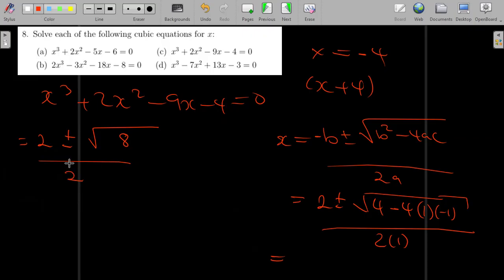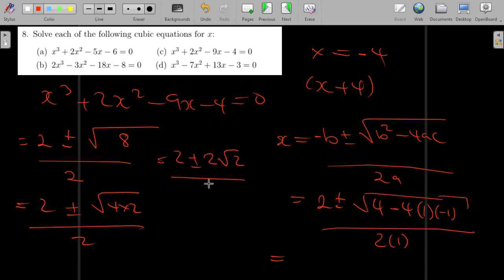I can work this out as plus minus the root of 8, which is 2 root 2. So this gives me 2 plus minus 2 root 2, divided by 2. This simplifies to 1 plus minus root 2.